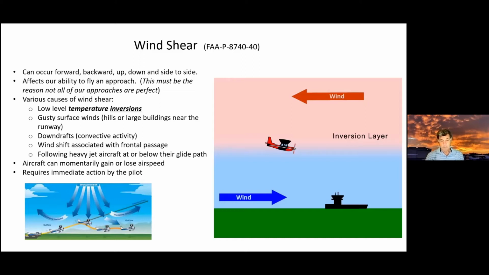So that potentially can cause some of these wind shear moments. And obviously, if you're following an airliner in on an approach, you can get caught up in some of their wake turbulence if you don't stay a little bit higher. So these are all things that we're concerned about. We'd like to know if there are wind shifts as we transition through the atmosphere.